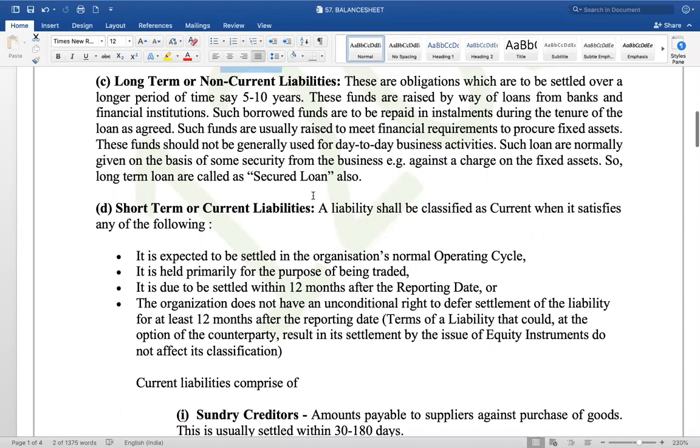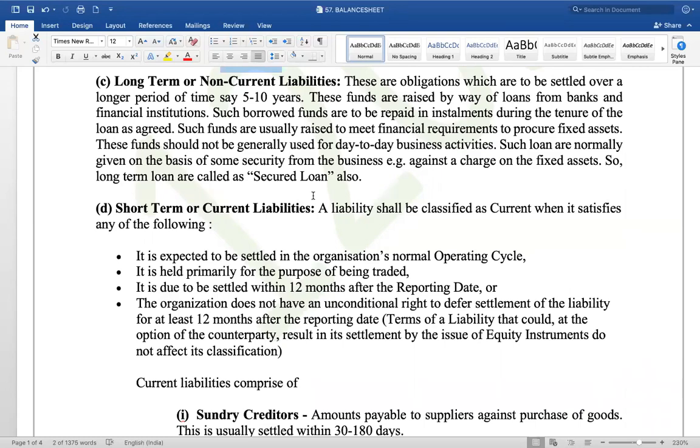Next, C is long-term or non-current liabilities. These are the obligations to parties other than the owner. For example, if the owner supplies money, you call it capital, and that money is used in the business.